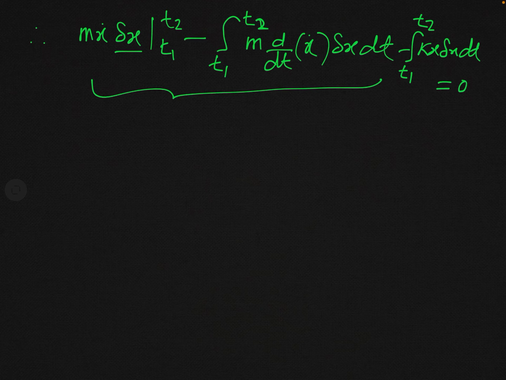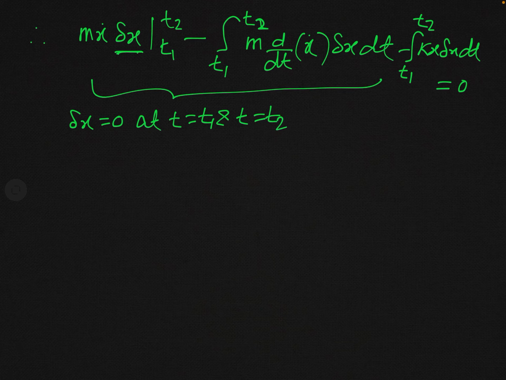Now you can see in delta variation, this delta x is equal to 0 at the end points, and at the end points time is t1 and t2. So delta x is equal to 0 at t equal to t1 and also at t equal to t2.